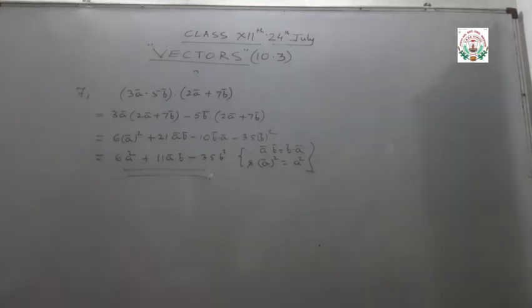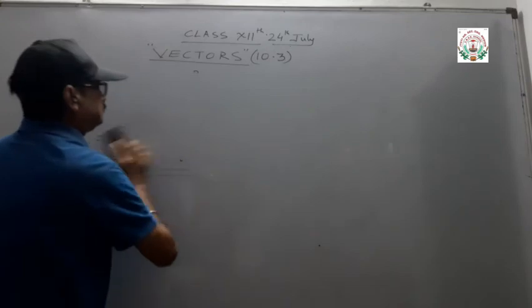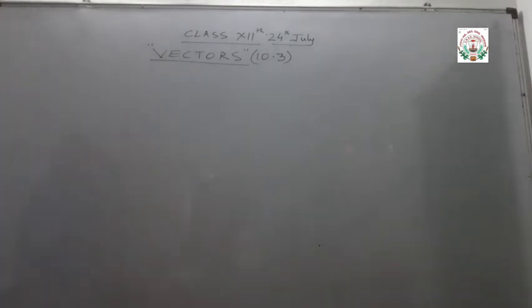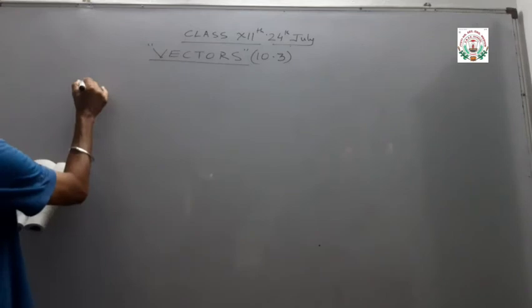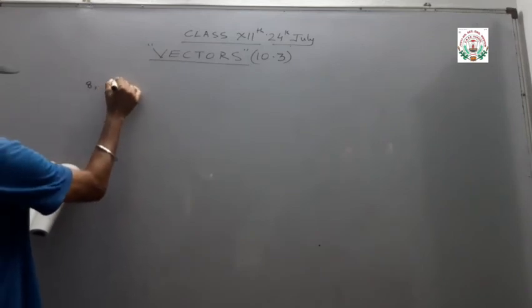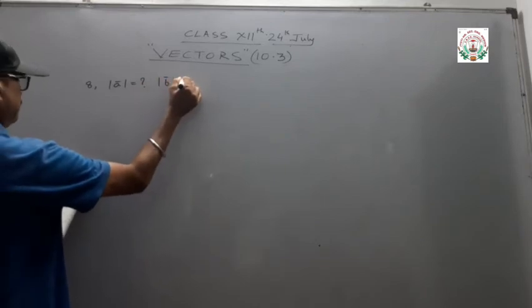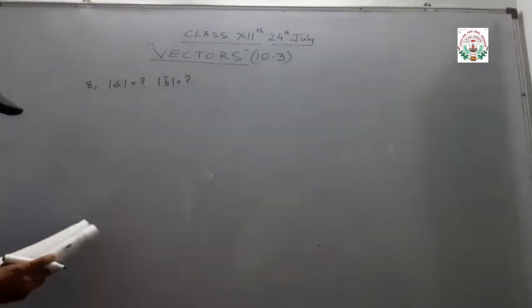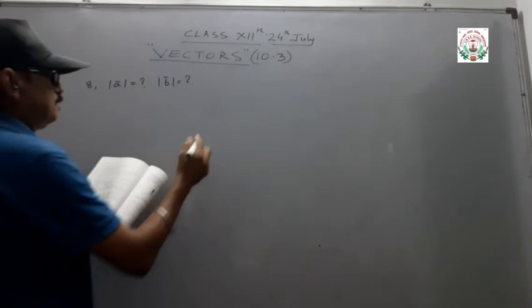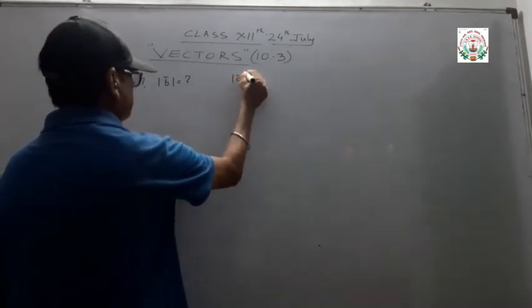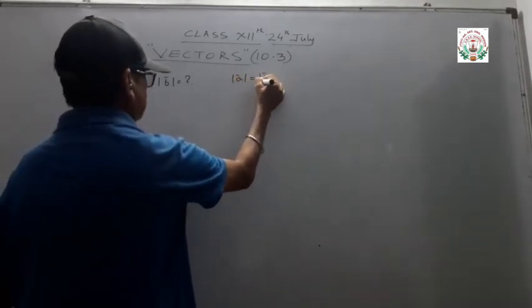Now let's move to the next question. Question number 8. Find the magnitude of two vectors, vector A and vector B. We have to calculate the magnitude of the two vectors, vector A and vector B, having the same magnitude, meaning the magnitudes of these two vectors are equal.